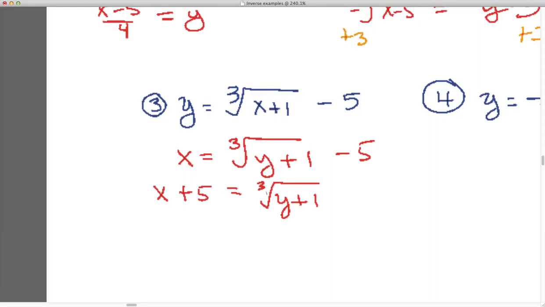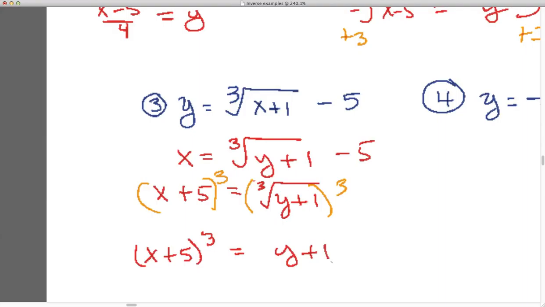The opposite of cube root is cubing both sides. And then subtract that 1. We're all done.